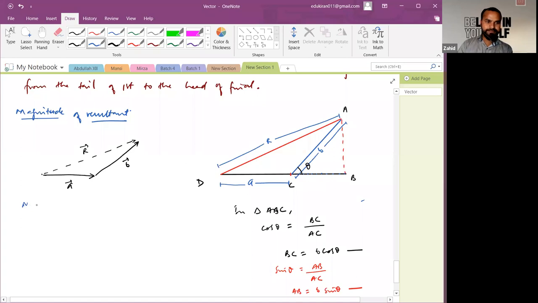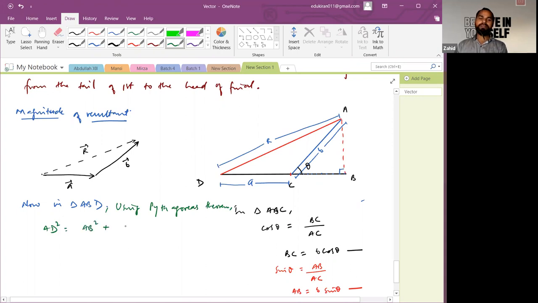Now, in triangle ABD, if I have to calculate R, which is nothing but hypotenuse of this whole triangle, for which perpendicular is AB and base is BD. So using Pythagoras theorem, we can say AD square is equals to AB square plus BD square.